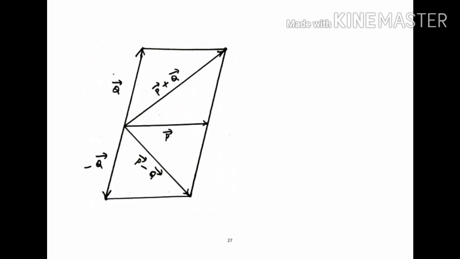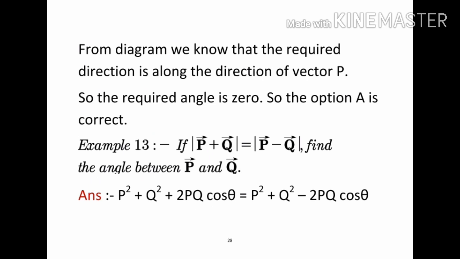P bar plus Q bar and P bar minus Q bar are taken as adjacent sides of a parallelogram. So now the resultant of P bar plus Q bar and P bar minus Q bar is along the direction of P bar. Therefore, the resultant of P bar plus Q bar and P bar minus Q bar is along the direction of P bar.